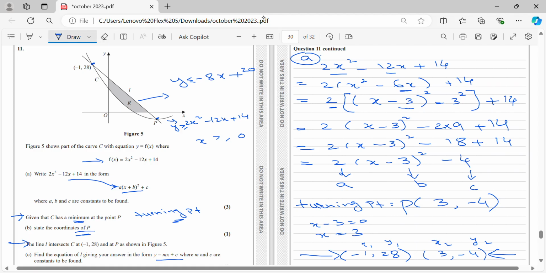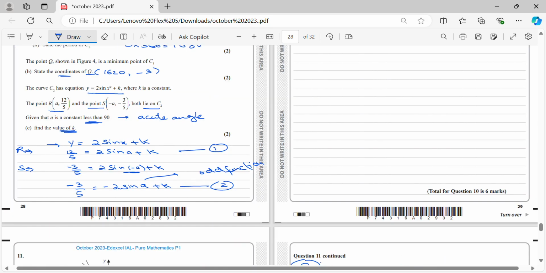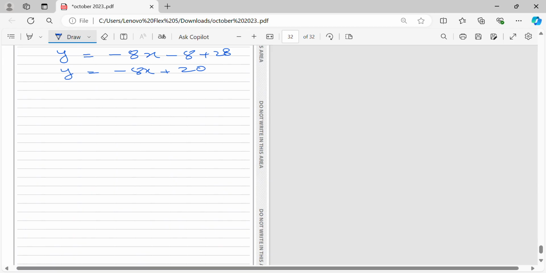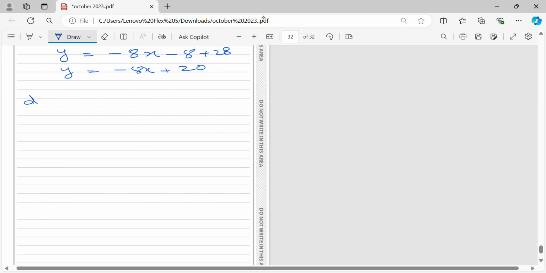So you can just write y is greater than or equal to 0. Okay, so let's write down a proper answer for the D part. y is less than or equal to negative 8x plus 20, and for the curve y is greater than or equal to 2x squared minus 12x plus 14, and x greater than or equal to 0, or y greater than or equal to 0.